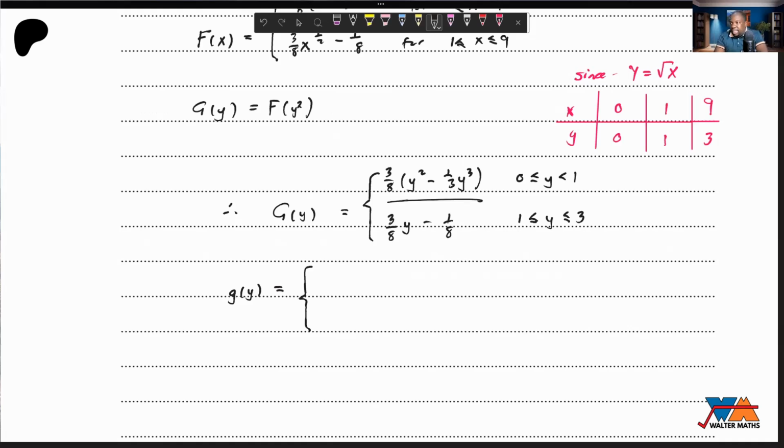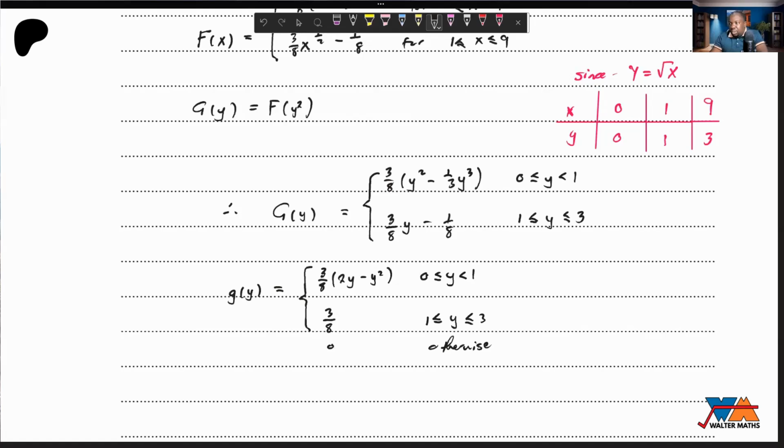Differentiating this is going to give us 3/8 of 2y minus y squared, and this is for 0 up to 1. And here, differentiating, we just get 3/8, and this is for 1 up to 3, and it's 0 otherwise.